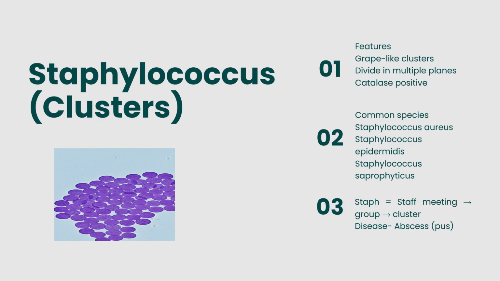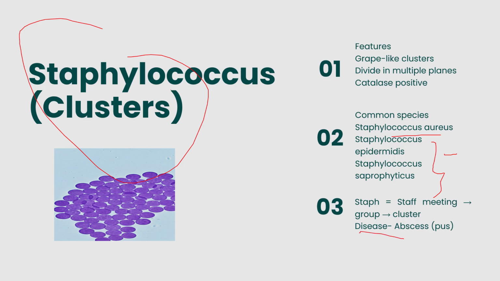Common organisms in this group include Staphylococcus aureus and the other category which we call CoNS. CoNS include Staphylococcus epidermidis and Staphylococcus saprophyticus. So, in short, you can remember that Staphylococci appear in the form of clusters. Common organisms are Staph aureus and coagulase-negative staph, that is epidermidis and saprophyticus.